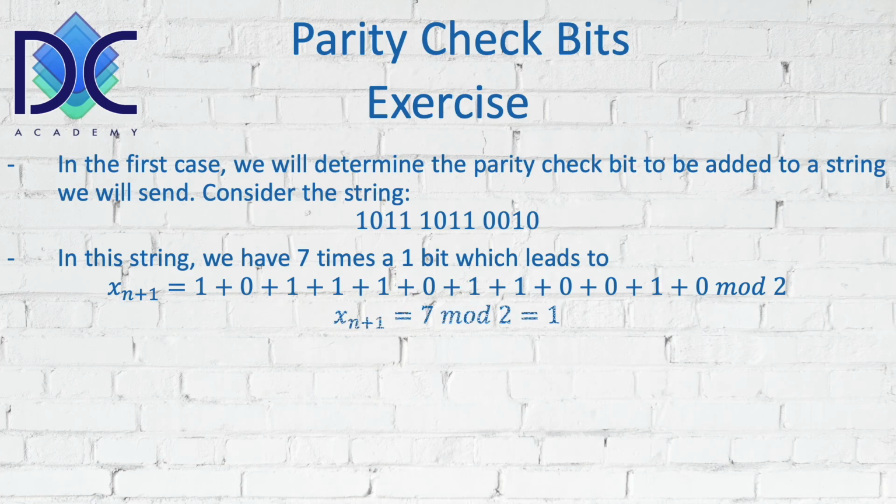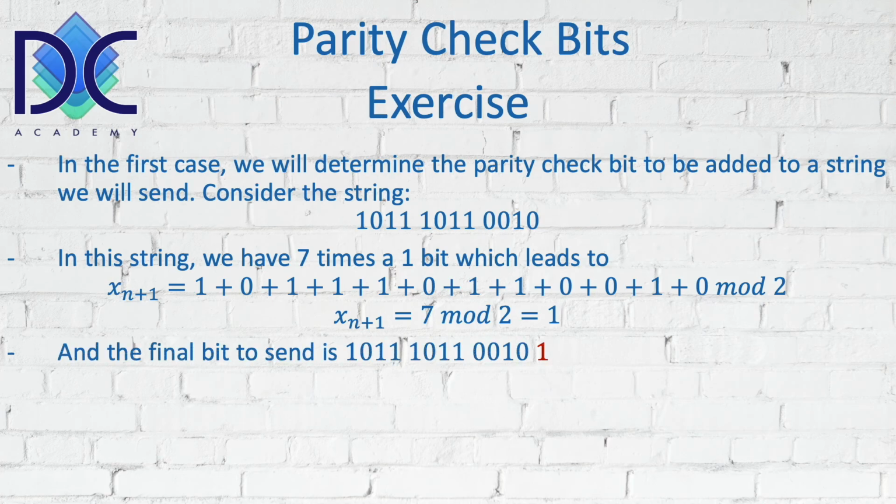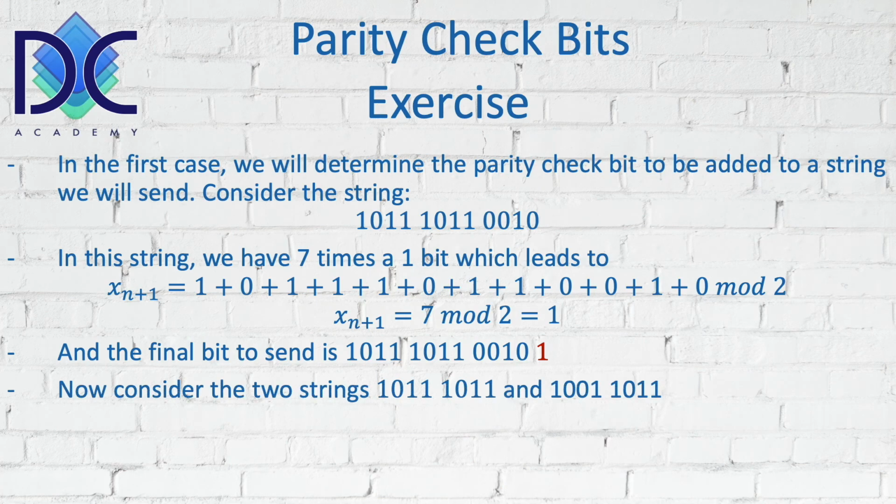So we find 7 modulus 2, and 7 is 3 times 2 plus 1, so 1 is the remainder, so 7 modulus 2 is equal to 1. Now that's what we're going to do. We're going to add a final bit. That bit is the parity check bit.